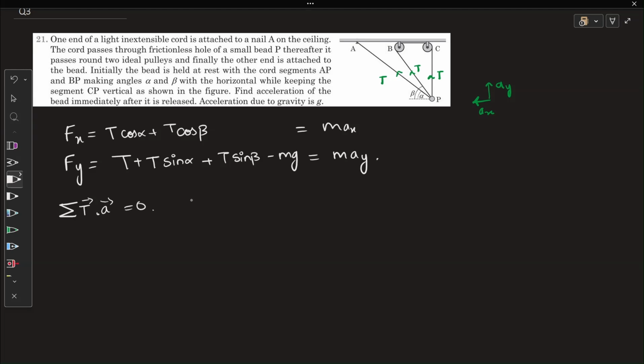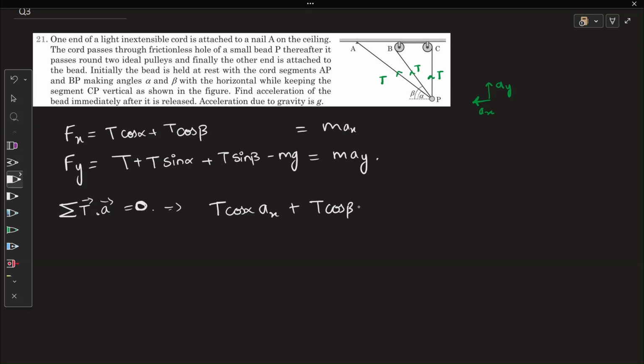Why is this required? Because we have the variables m, ax, ay, and T, so we have to take all the possible equations. Now summation T dot a is equal to 0, which implies T cos alpha dot ax, in the same direction.